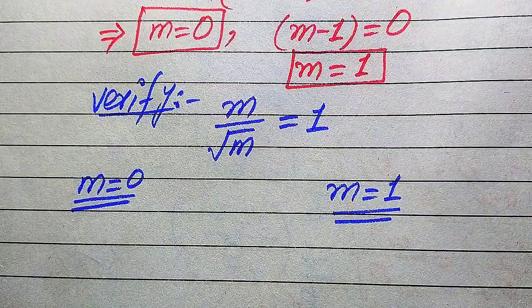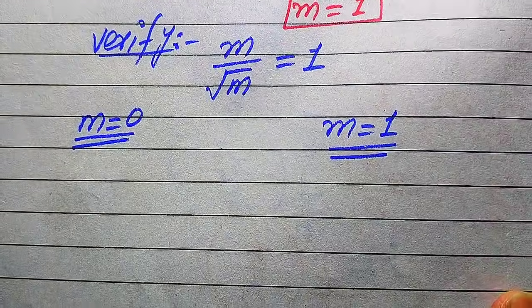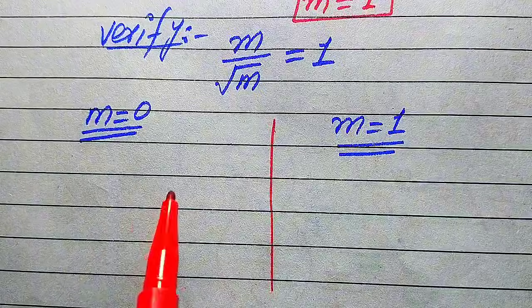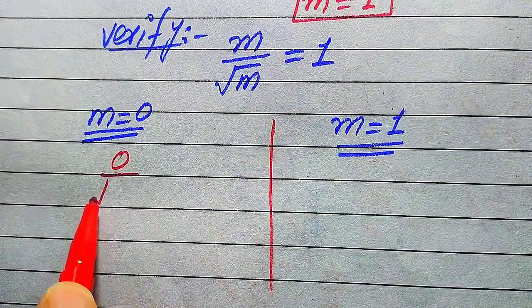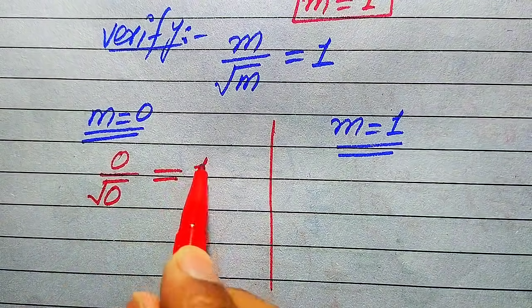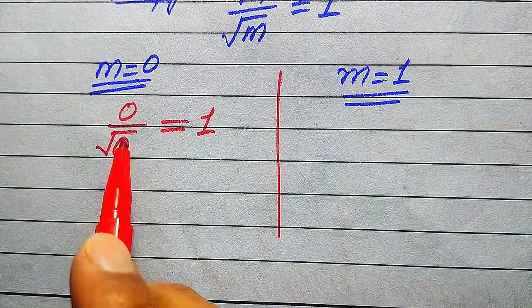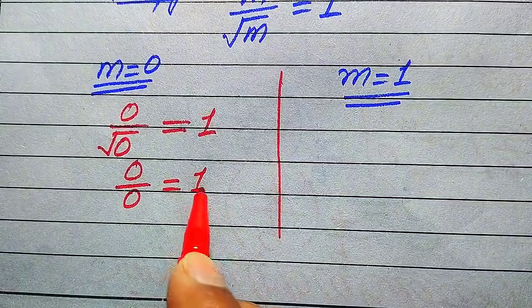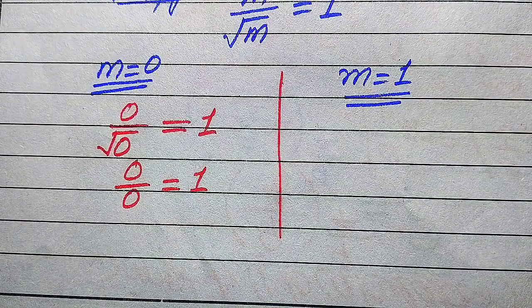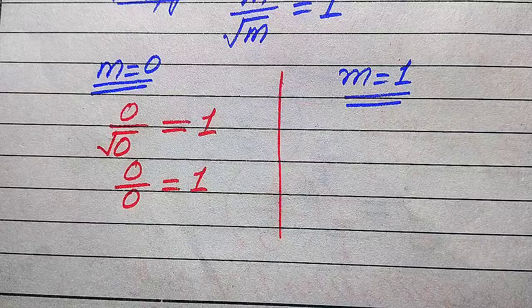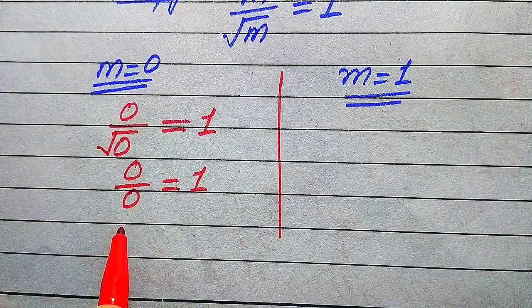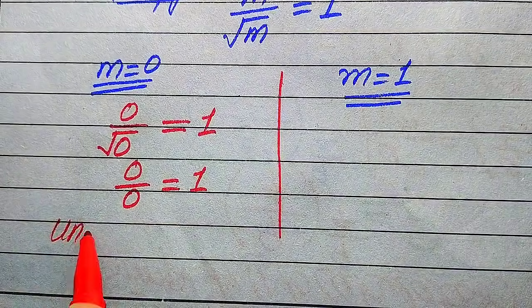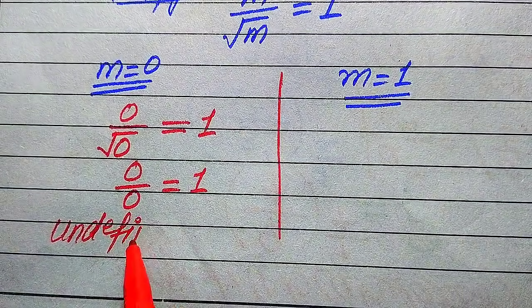First we verify m equals to 0. Here we substitute m equals to 0 into the left hand side, and it will be written as 0 divided by square root of 0 is equal to 1, and we have 0 divided by square root of 0 becomes 0 over 0 form is equal to 1. Now, 0 over 0 form is usually called the indeterminate form, or in other words we just call it undefined form.